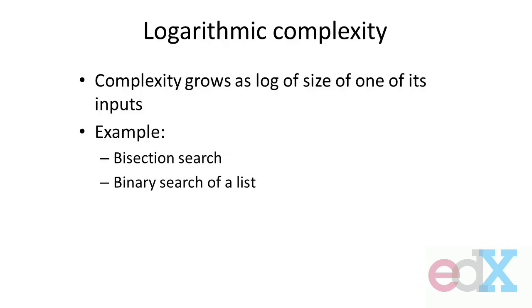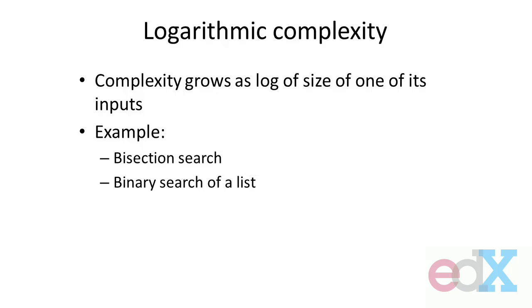Again, we take the midpoint, and either we look at the bottom range or the top range. At each step, we're cutting down the set of possibilities in which we need to look by a factor of 2. And cutting a problem in half constantly is a great indication of, in fact, a logarithmic algorithm. So bisection search is a great example. You can do the same idea, by the way, on a list.